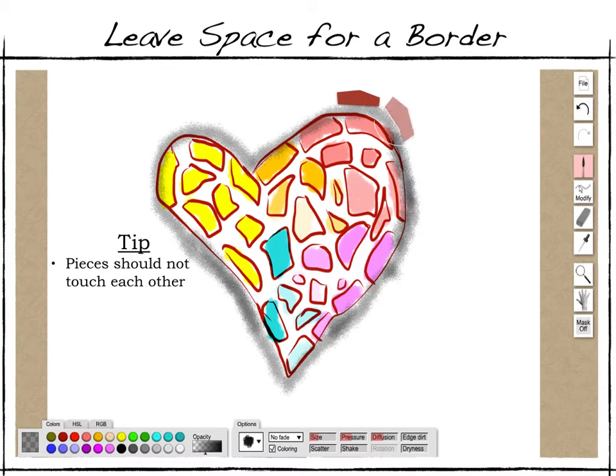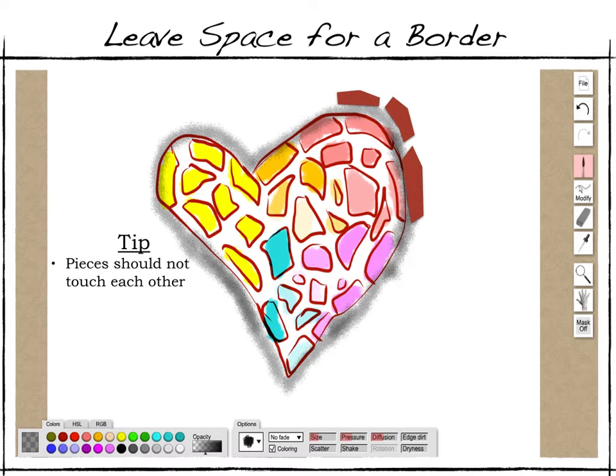So these two pieces are placed appropriately to allow space to go between the original shape and the two tiles in the form of grout. The next piece that you see on the screen shows an added piece that was touching the existing piece from the border of the heart.